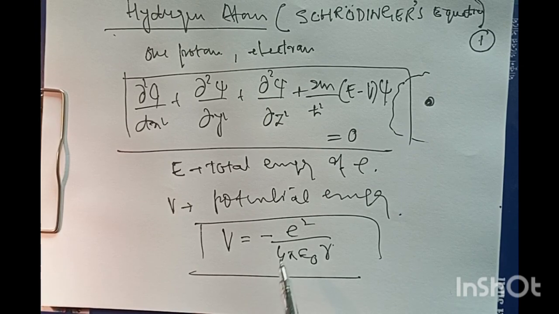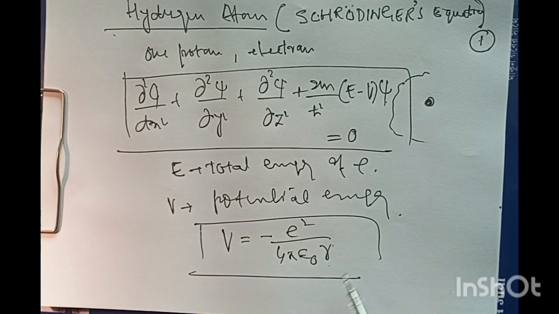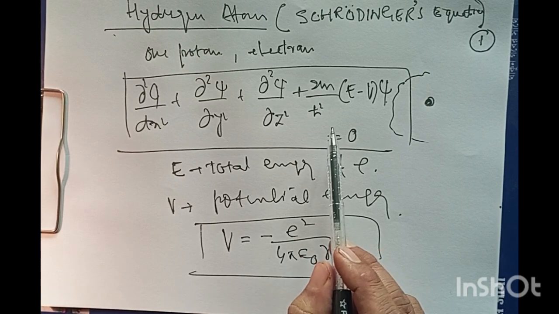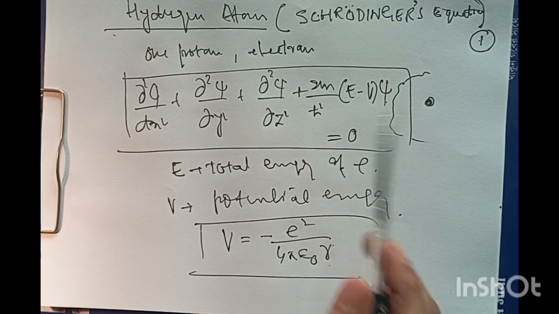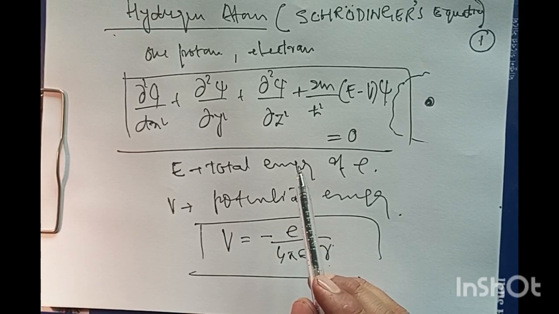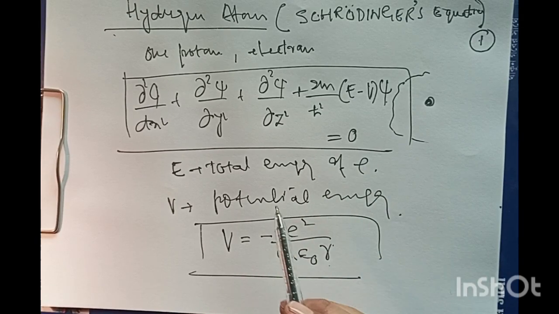Since this potential energy is a function of r rather than of x, y, and z, we cannot simply substitute it into the equation that we have here. There are two alternatives, two paths.